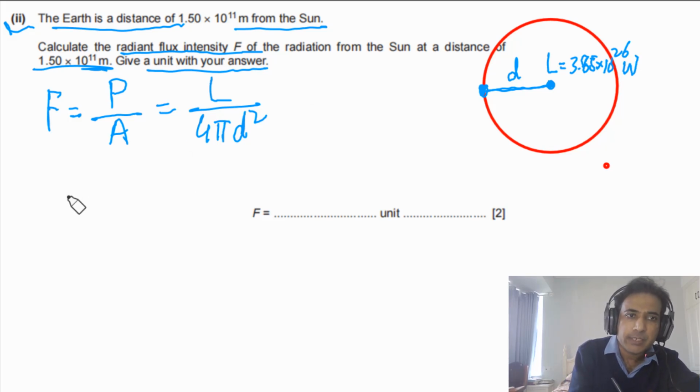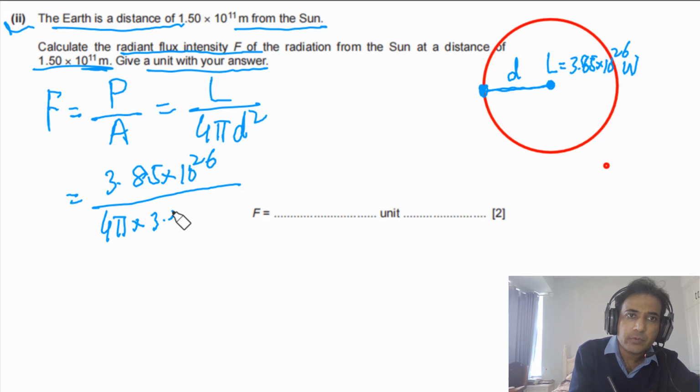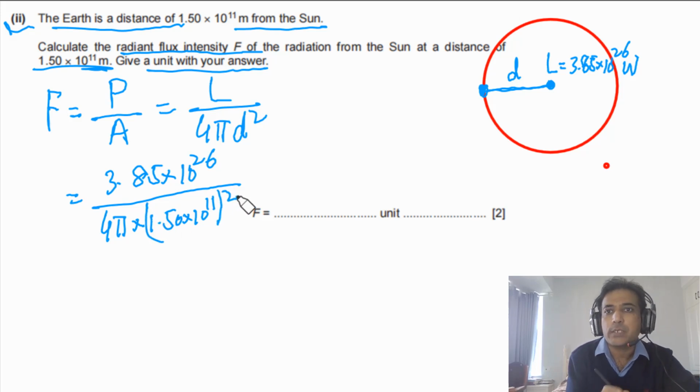Now simply we need to plug in values and we can find value of F. So this is 3.85 times 10 to 26 divided by 4 pi times, D is 1.50, so we can plug in here 1.50 times 10 to 11 square of this quantity.